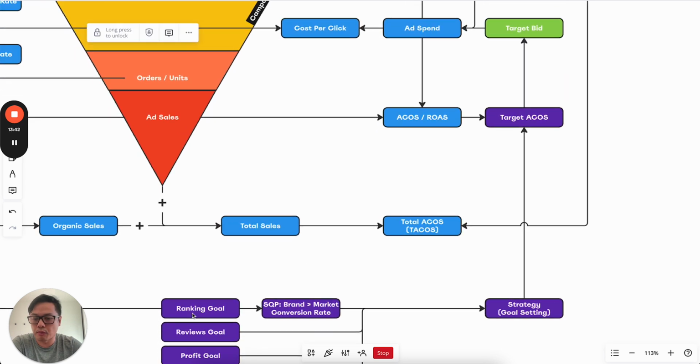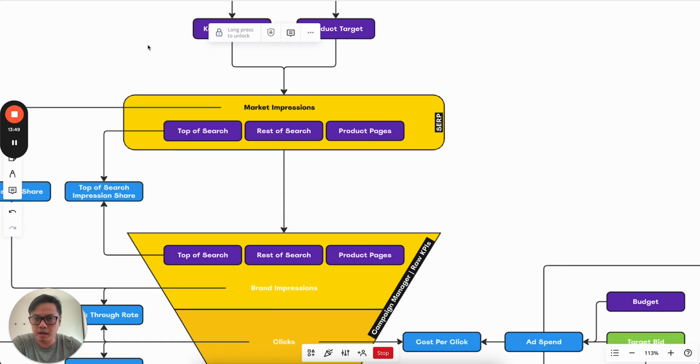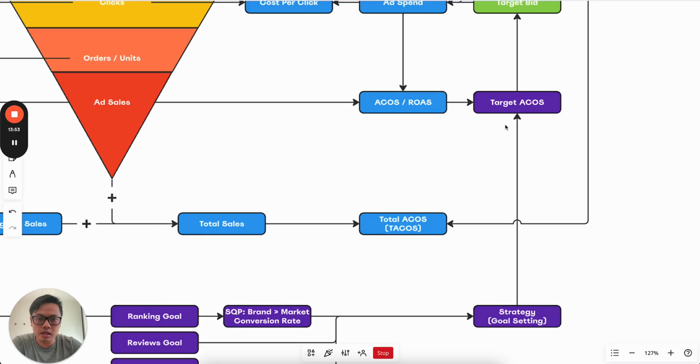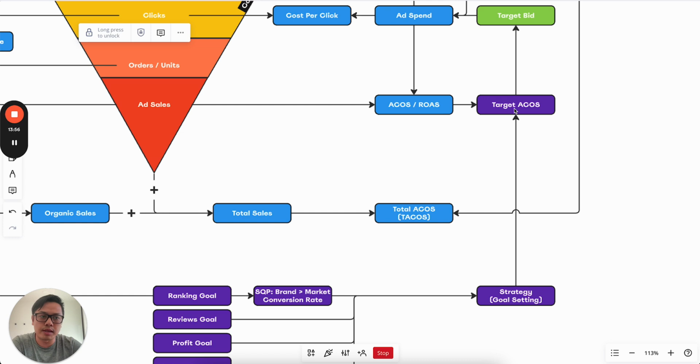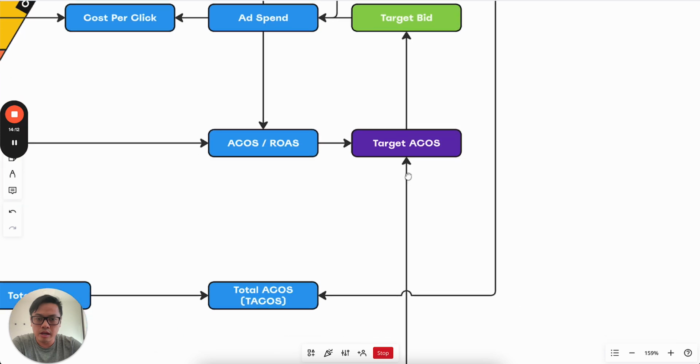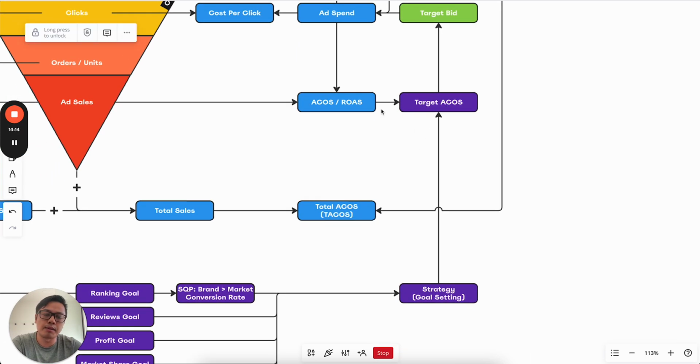For instance, if I'm ranking and I'm okay with losing some money to drive up maximum visibility, like I discussed up here, you may set your target ACoS to something much, much higher than what it's currently performing at. Let's say my ACoS for my ranking campaign is 40%, and I'm not generating enough top of search impression share, then I want my target ACoS to be higher than 40%.